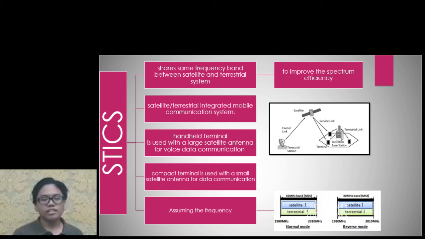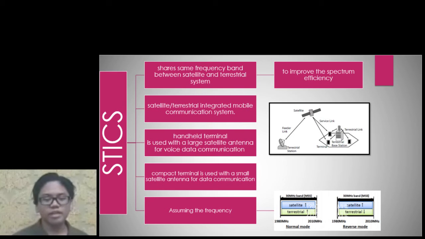It shares the same frequency band between the satellite and terrestrial system to improve the spectrum efficiency. The handheld terminal is used with a large satellite antenna for voice data communication. Meanwhile, a compact terminal is used with a small satellite antenna for data communication.